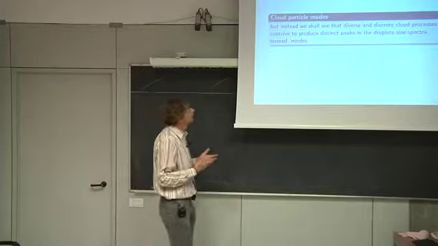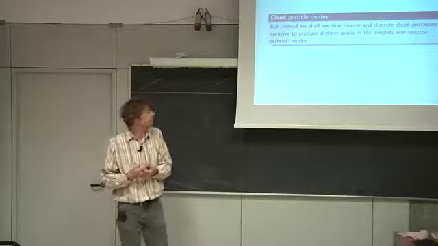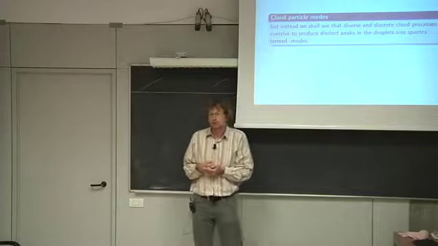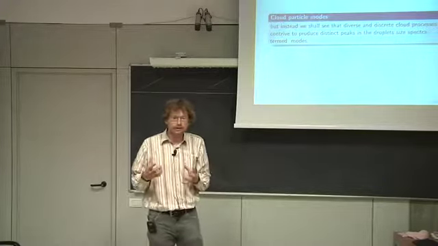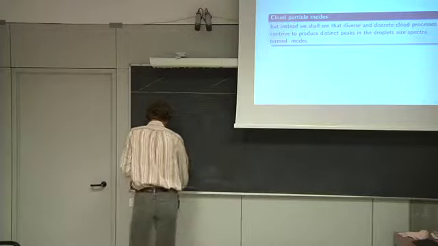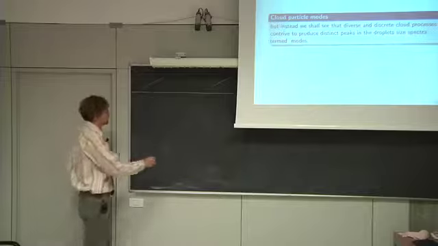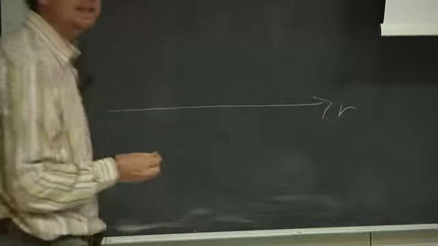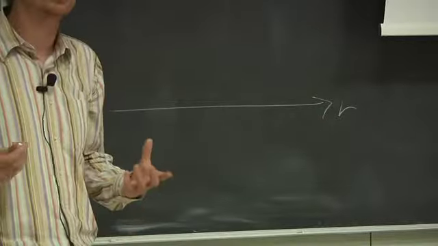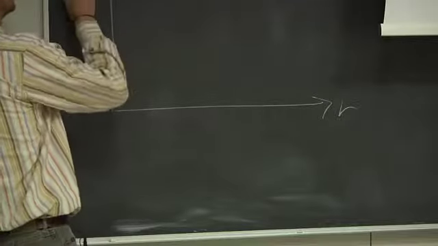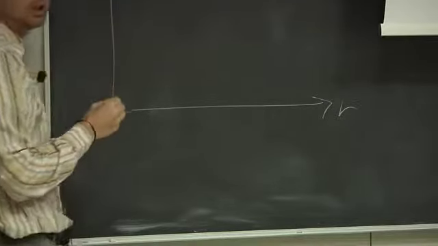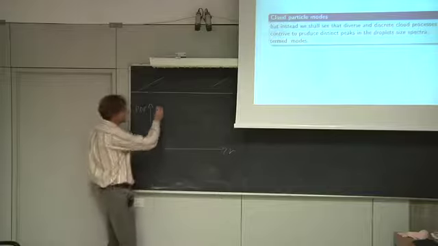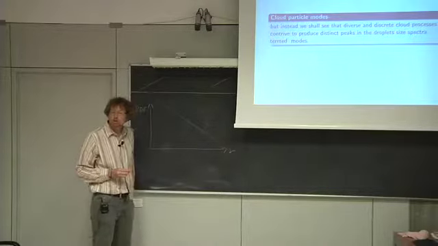So, the descriptive terms that we use when we're describing cloud physics. We tend to split up droplets and crystals into what we call distinct modes, and the reason for this will become clear. If we look at the probability of finding droplets of a certain radius, the PDF, probability density function, of how many droplets we find in different radius bands, what we'll find is you don't just have a smooth spectrum of drop radii.